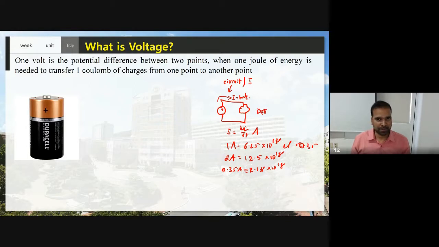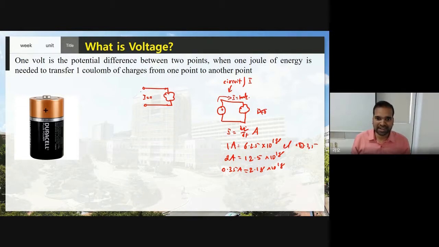Flow of electrons. Now suppose I have a connecting wire and I have connected a load. Do you think any electrons are moving from point A to point B? No, because it is an open circuit, the current is equal to 0, and at the same time I'm not connecting any source.